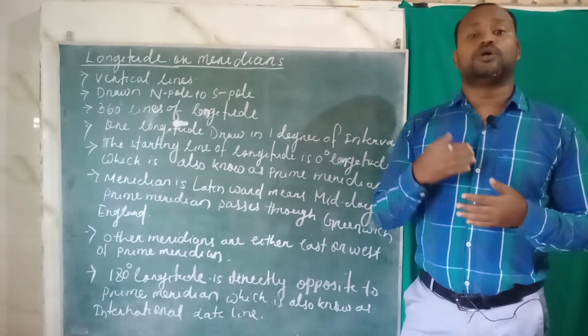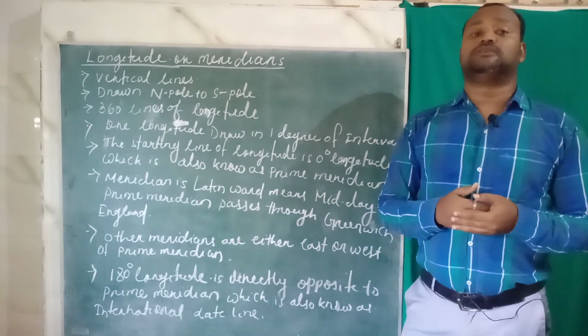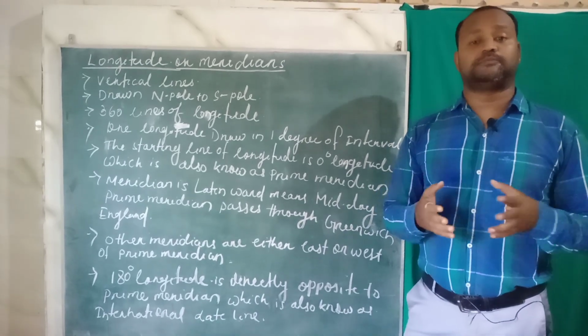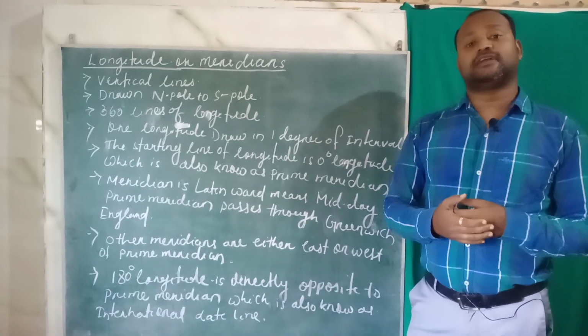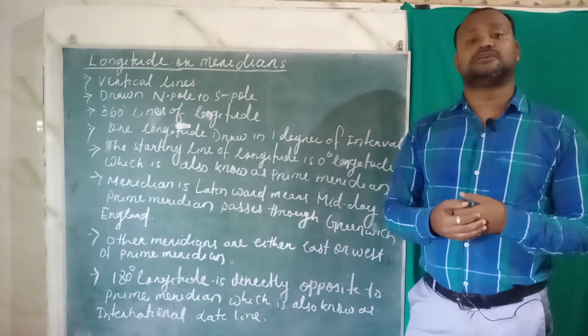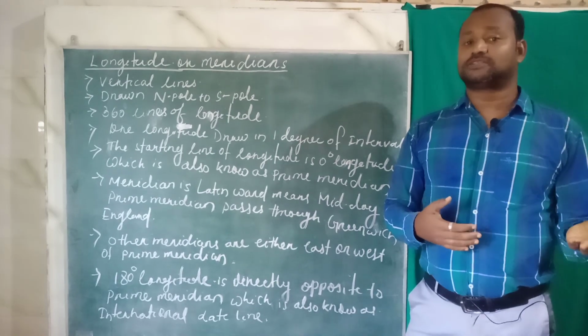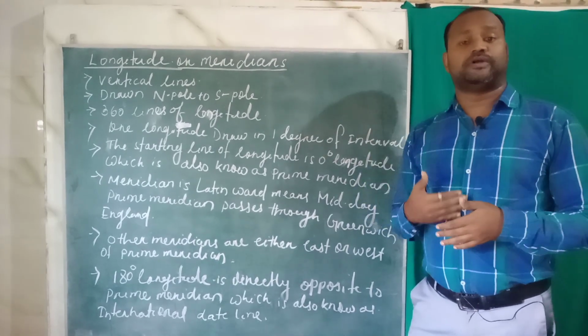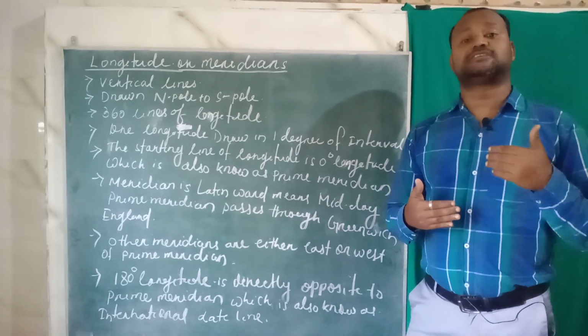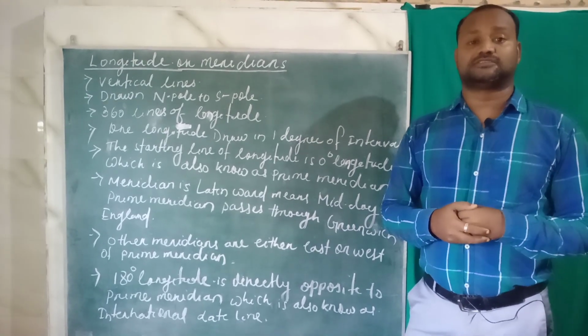If you go west of the international date line, the date will be changed. For example, today is 17 August. If you move towards the west of it, or after 180 degrees east, it will be 18 August.